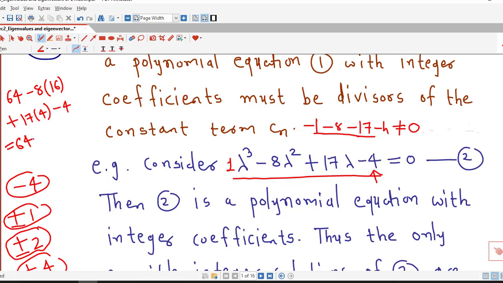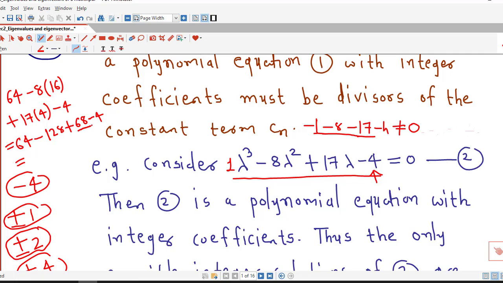So this is going to be 64 minus 16 into 8, which is 128. This is 17 into 4, which is 68, and minus 4.